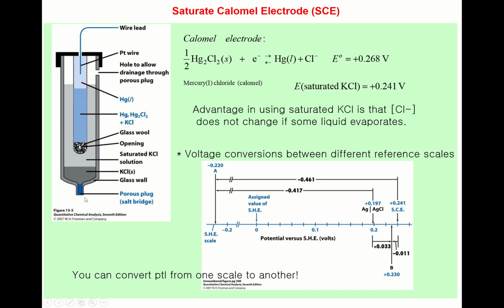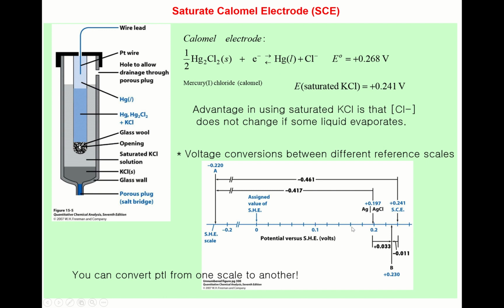It is difficult to make it small because of this structure, so the price is more expensive. But the silver chloride electrode and the SCE are widely used reference electrodes.